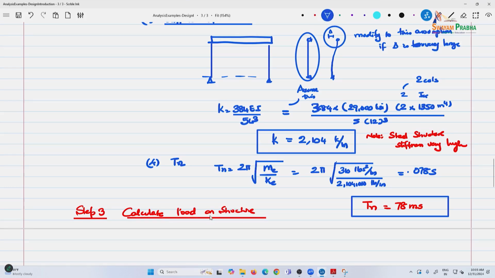Here the load on the structure P naught is PR multiplied by the tributary area, and PR is 5 psi. We have 20 feet and the height is 12 feet. So comes to, if I divide it by 1000, it is 172.8 kips.